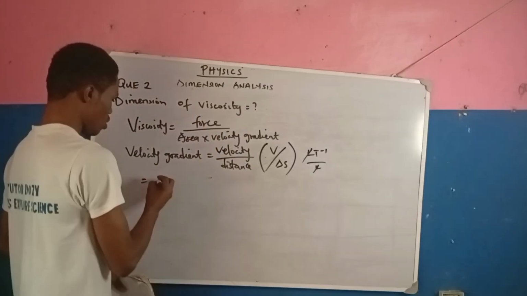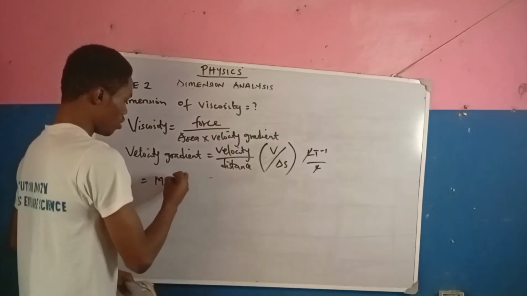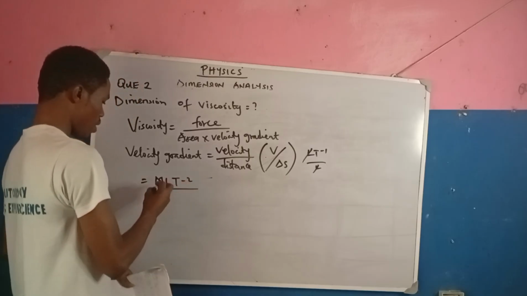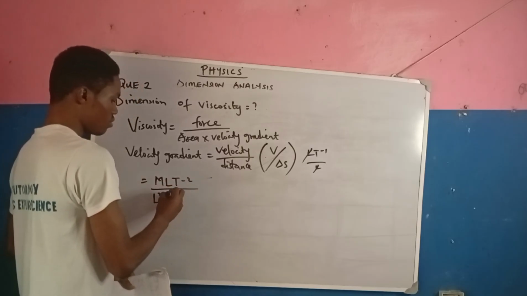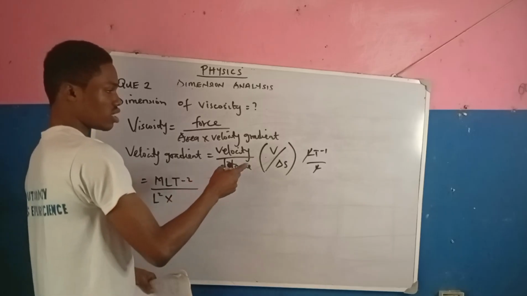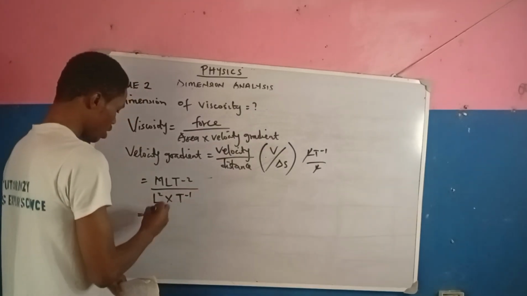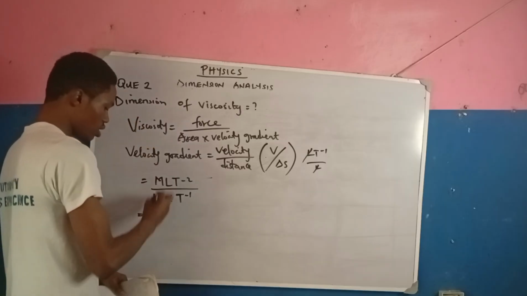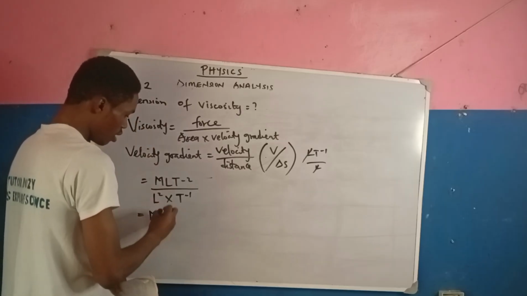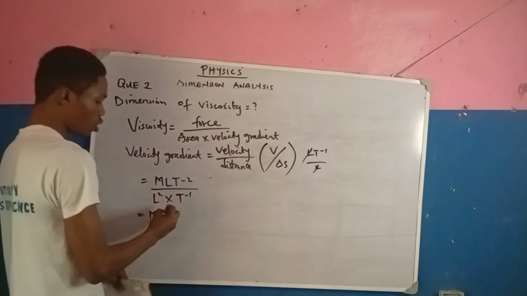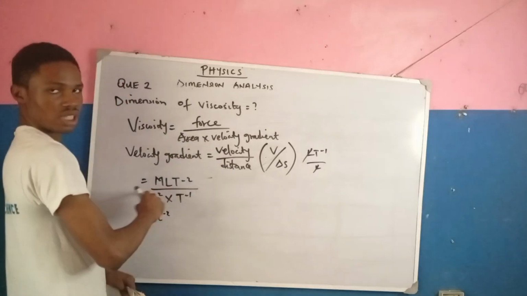So let's go back. We have MLT^-2 over our area, L squared, times our velocity gradient, which from here we have gotten T^-1. Using the laws of indices, we have M, and L has an invisible power of 1. Bringing this one up, it becomes -2 because of the division here.